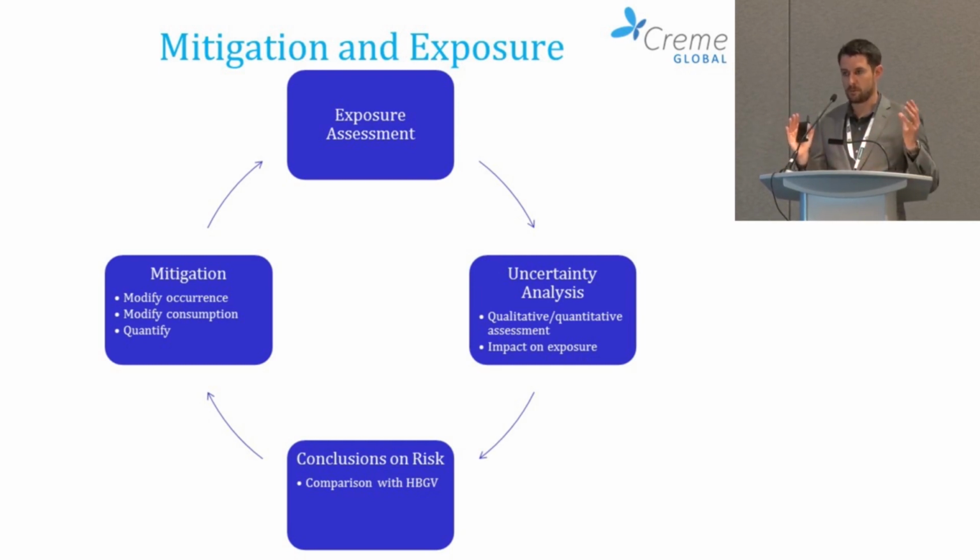So you're really talking about modifying the occurrence and concentration of mycotoxins. If you can quantify this, you can model what the subsequent exposure will be as a result of that reduction. So you can say what your strategy should be and how much you need to quantify it. And you can go through the cycle as many times as you need to until you have a sufficiently low level of risk established.